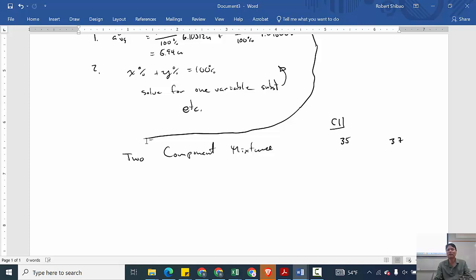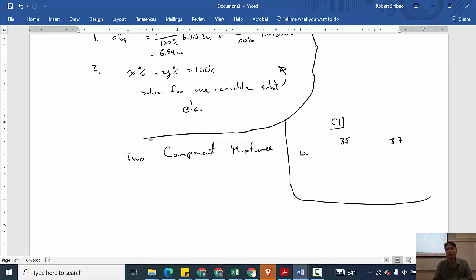If it were 50% 35, then what is the percent 37? 50%. If it's 75% 35, then what percent 37 is it? 25. And so that's what we do here. I just set up a simple number scale. And so this is the graphical method, quite simplified.